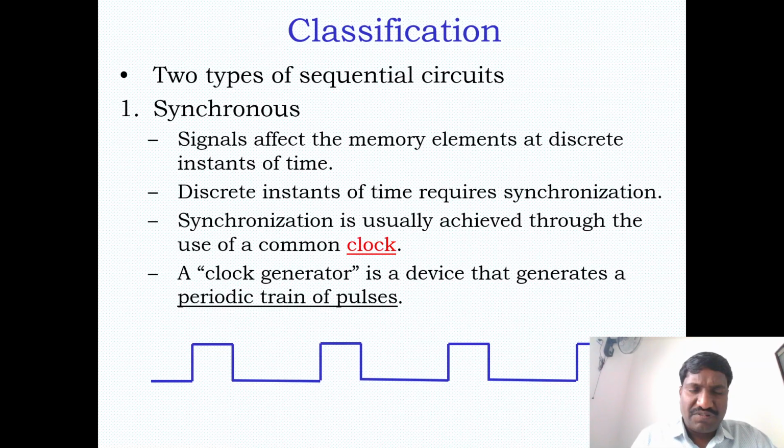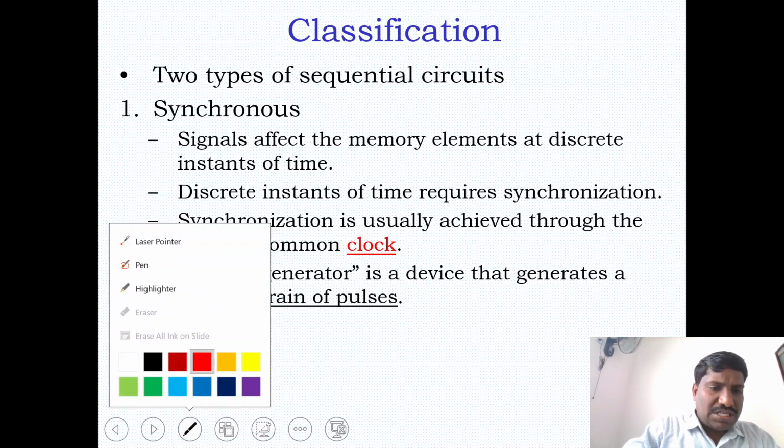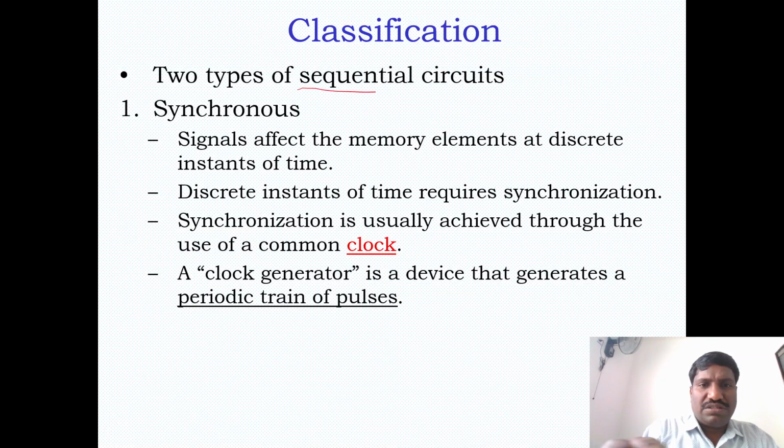Then, what are the varieties of sequential circuits? Just now I told you sequential circuits are of two varieties, synchronous and asynchronous. In synchronous sequential circuits there will be a clock.